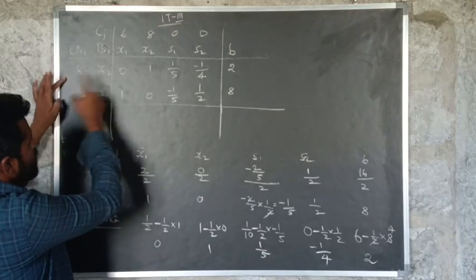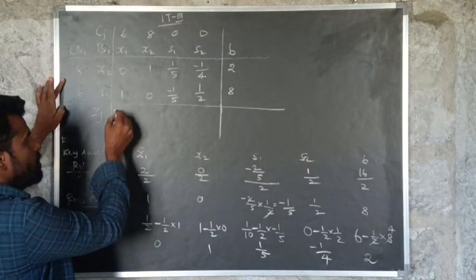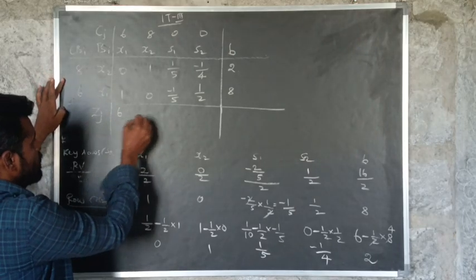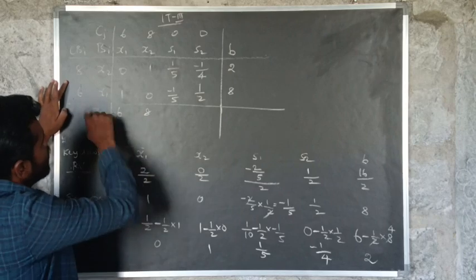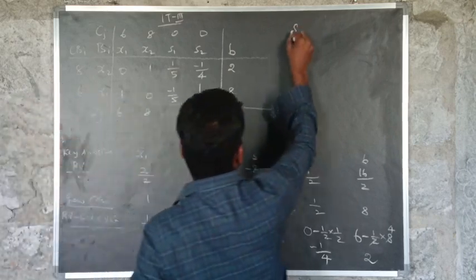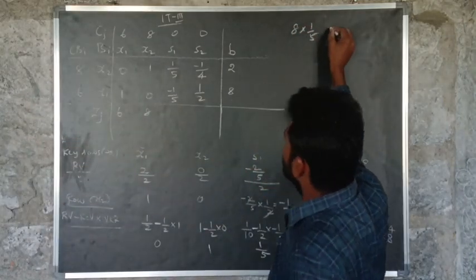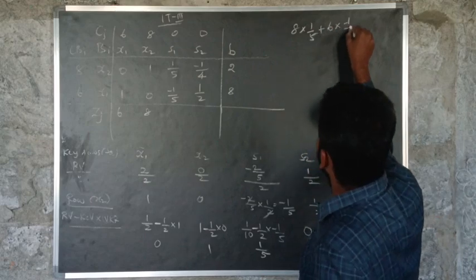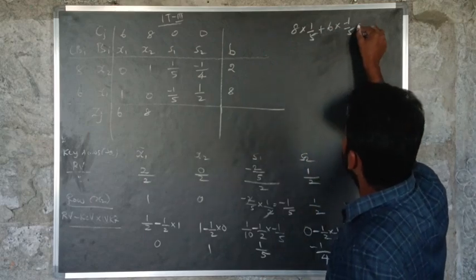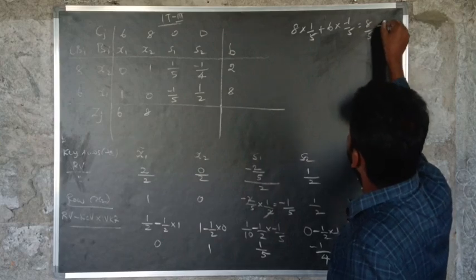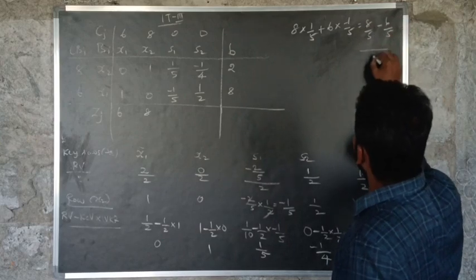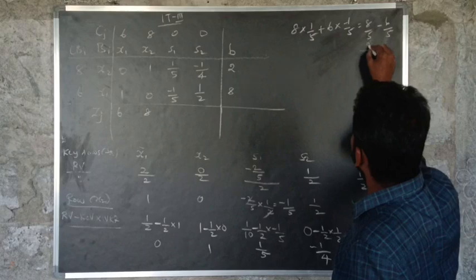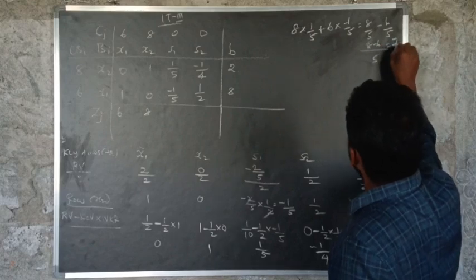Now Zj. 8 into 0 plus 6 into 1 is 6. Next, 8 into 1 by 5 plus 6 into minus 1 by 5. You get 8 by 5 minus 6 by 5. Keeping 5 common, 8 minus 6 gives 2 by 5.